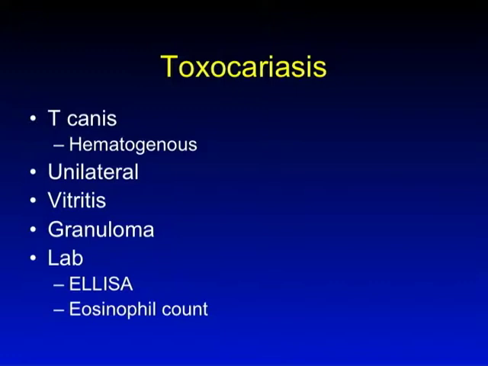The other differential diagnosis is a congenital retinal fold, basically a fold that is emerging from the optic nerve, coming anteriorly or going towards the peripheral retina. Usually when you have toxocara, at the end of the fold, there is a granuloma. And the way to diagnose is ELISA or eosinophil count.